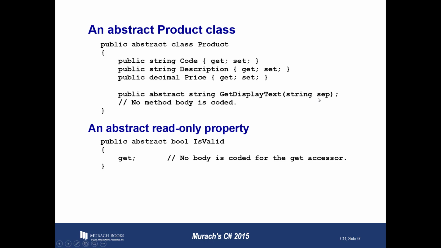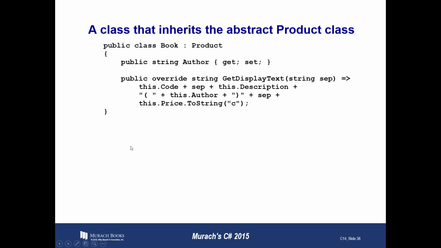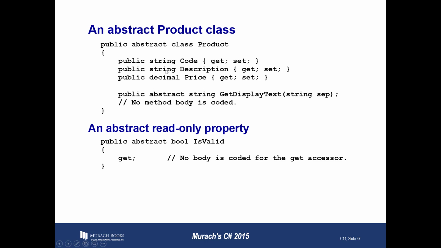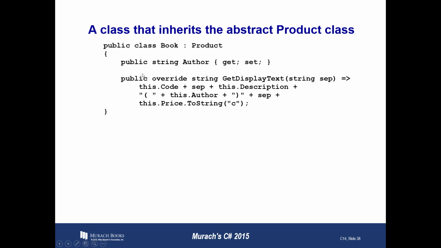It must take in a string and return a string. Abstracts can have read-only properties. Notice there's just a get there. And here, product inherits from this, so it must override that getDisplayText. Again, it must pass in a string and return a string.